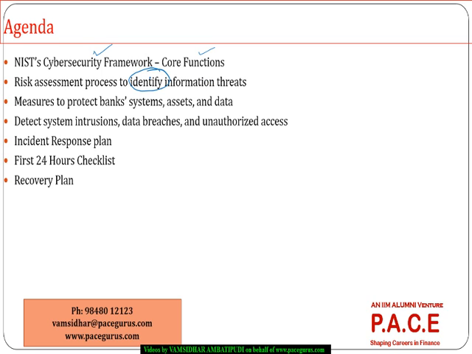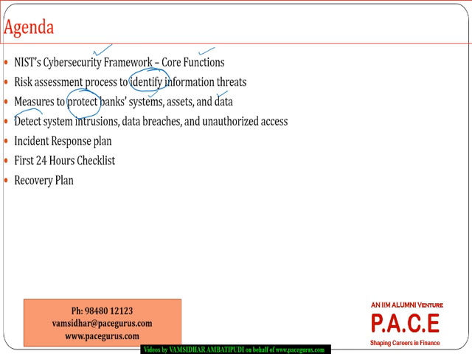What is the process of identifying the various information threats? How can a bank get into protection? What are the various measures available to protect the various systems of the bank, and the data collected from various sources? What are the mechanisms available to protect?